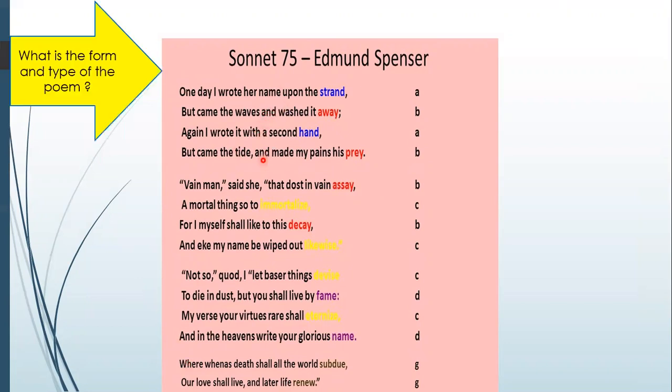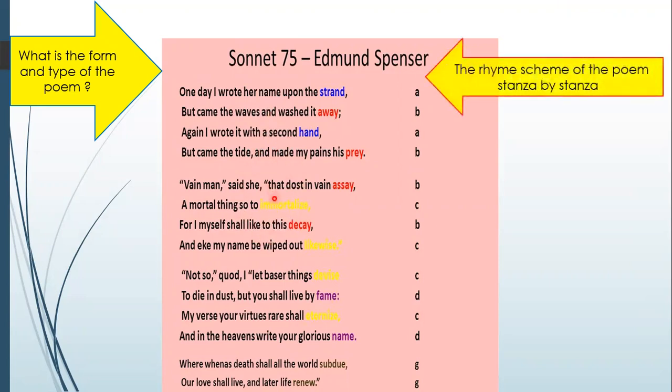and we need to know first, what is the form or the type of the poem? So here we have a sonnet of 14 lines. And we need to look at the rhyme scheme of the poem, stanza by stanza.